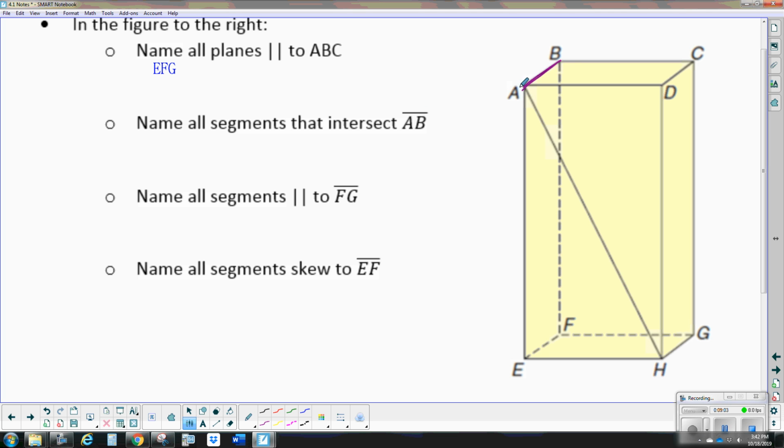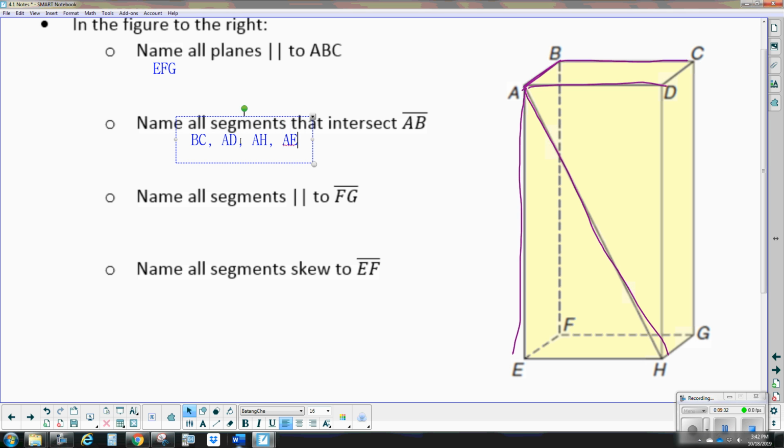So all segments that intersect AB would be BC, AD, AH, AE, and then lastly, BF.